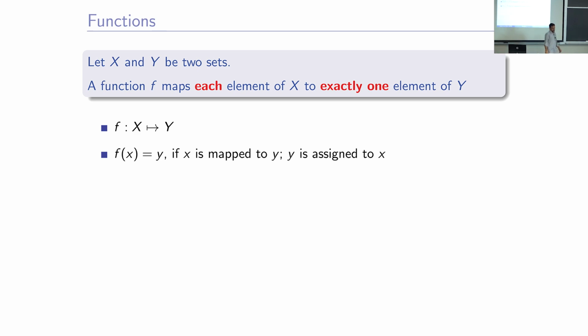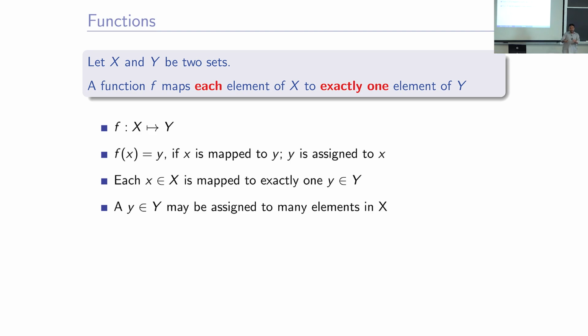Now, the requirement says that each x in X must be mapped to exactly one y in Y, right? A given element y in the set Y can be assigned to many, right? Previously, f was assigned to many students. That's not important.